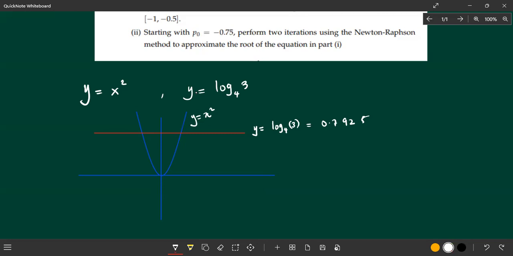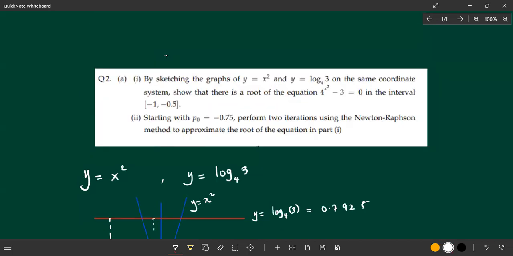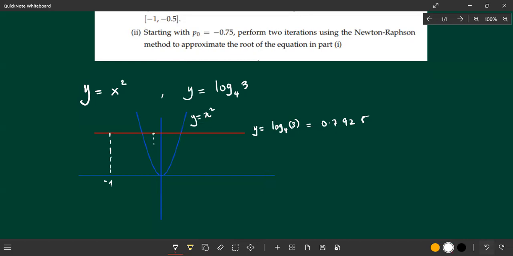Okay, so now we're given the interval from -1 to -0.5. So let's make an assumption. Say -1 is somewhere here, and -0.5 is somewhere here. Let me do this approximation.